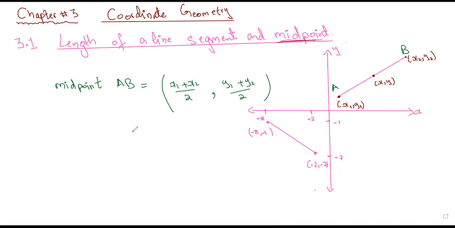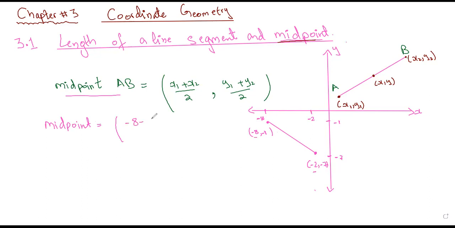So we are interested in finding out the midpoint. So how do we find the midpoint? This is the formula again. The midpoint would be x1 plus x2. We need to add both the x coordinates.